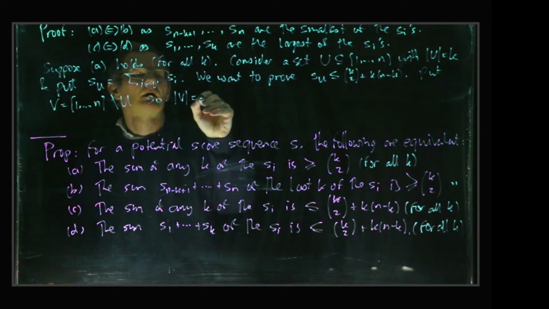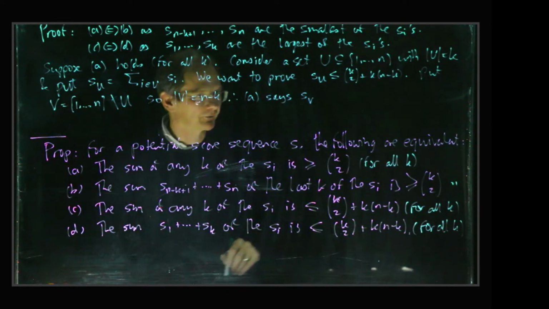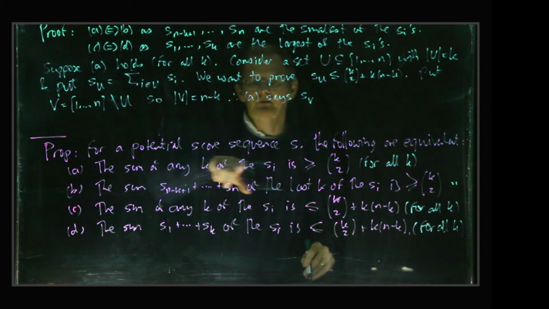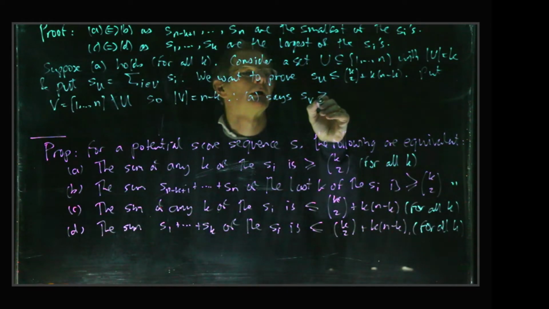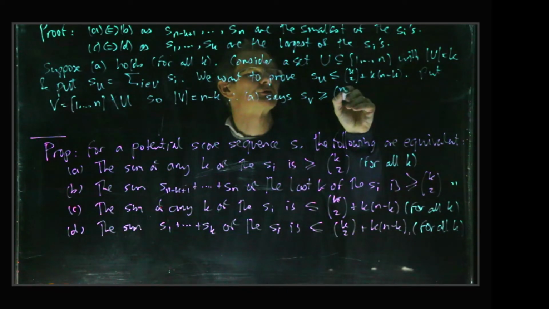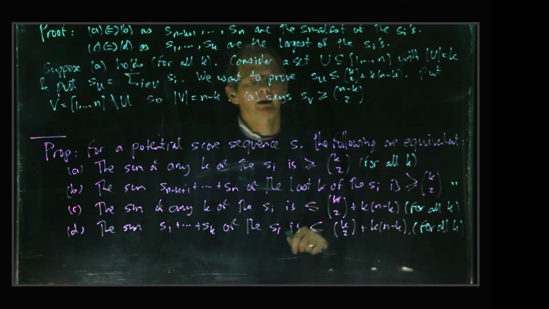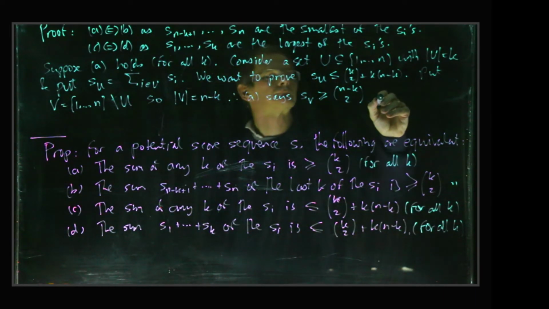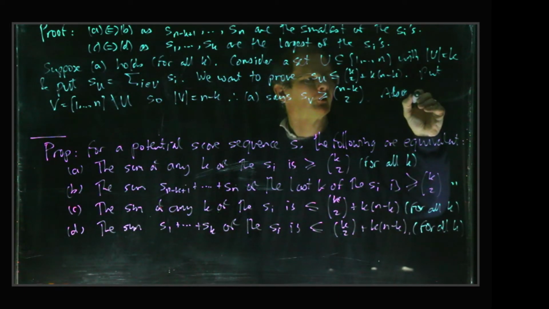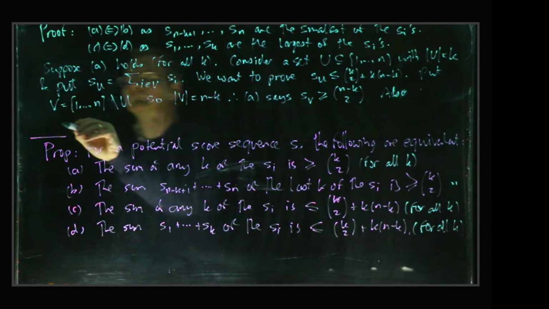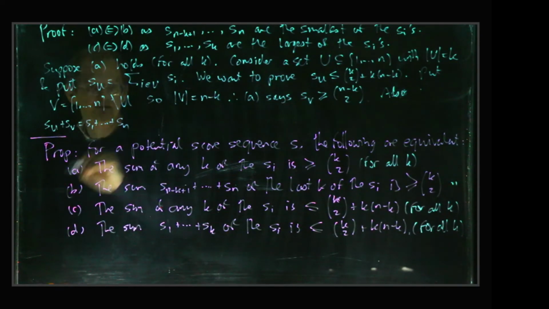Now A, which we're assuming, says that because we've got a sum of n minus k of these, the sum is always going to be greater than or equal to n minus k choose 2. But also, if we look at S_U plus S_V, that's just the sum of all the SIs.